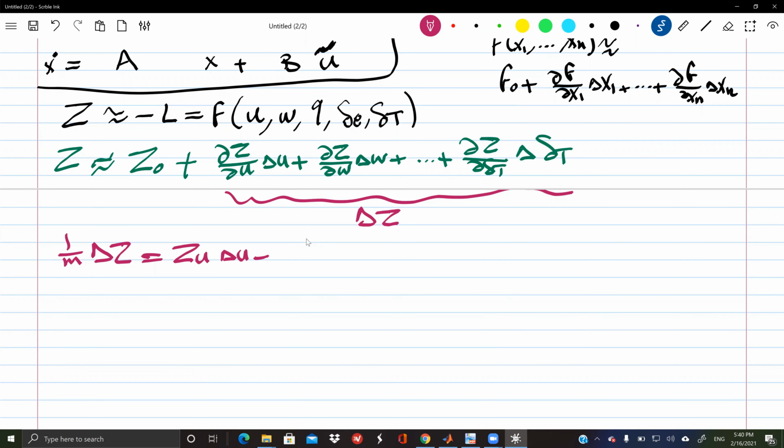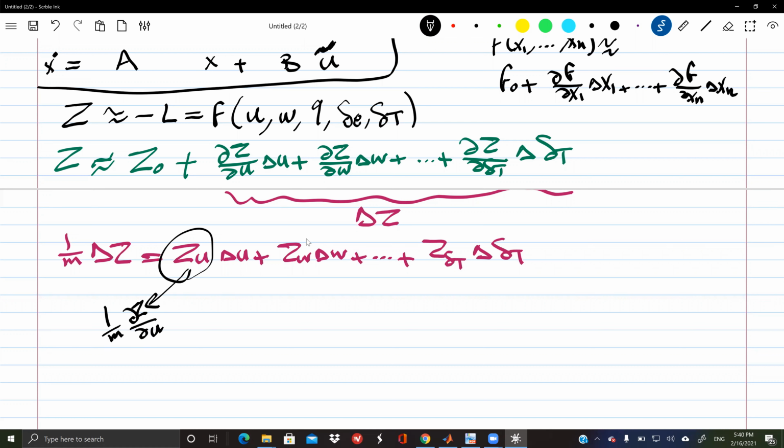Zu delta u, zw delta w, and so on. So as you can observe, Zu is really nothing but 1 over mass partial z partial u. This is 1 over mass partial z partial w.